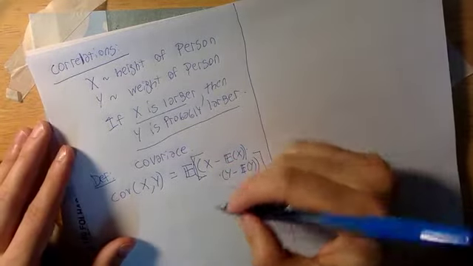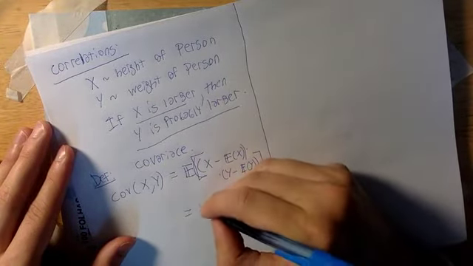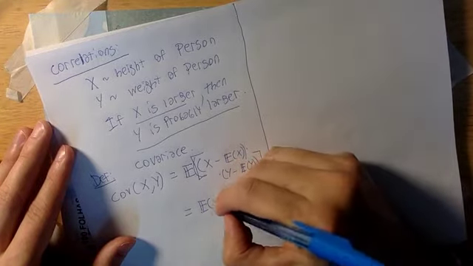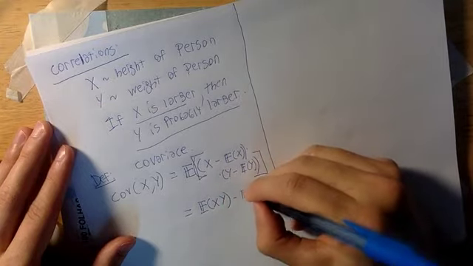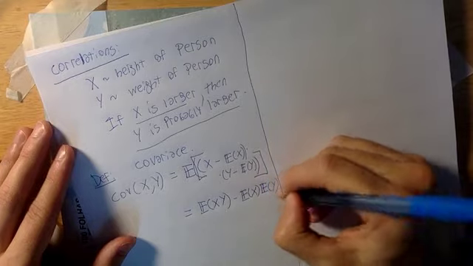If we use the properties of the expectation, we get that this is the same as the expectation of XY minus the expectation of X times the expectation of Y.